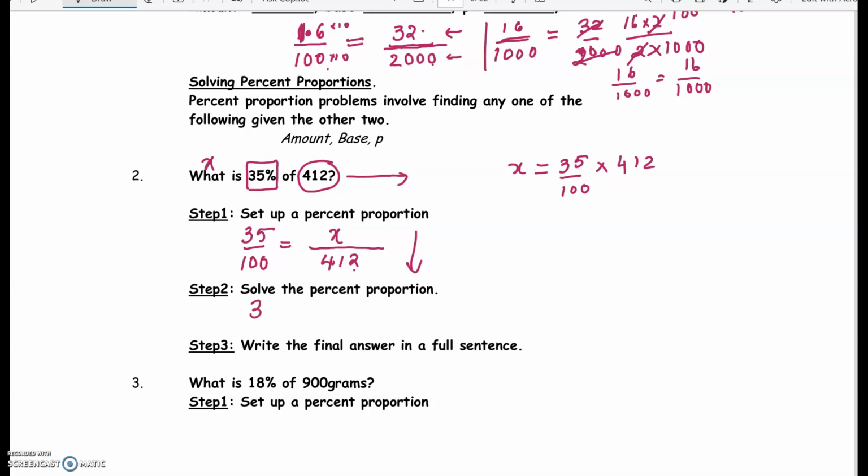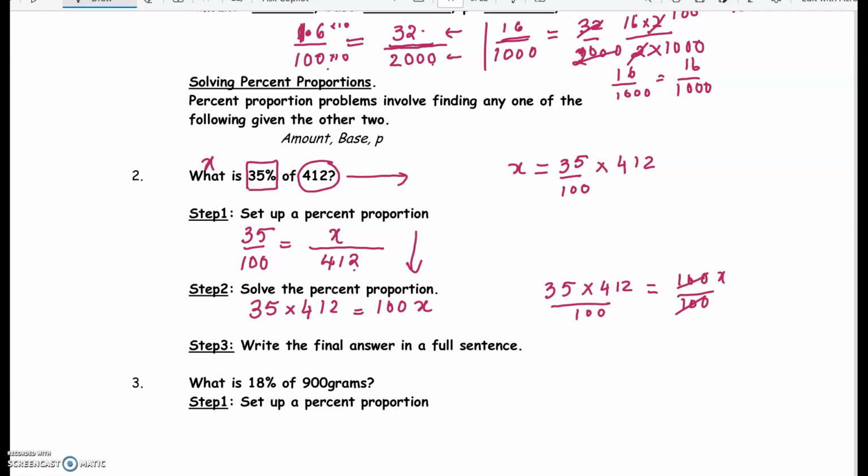We cross multiply to get 35 times 412 equals 100 times X. And then we get the final answer by dividing both sides by 100, to get X equals 35 times 412 over 100.